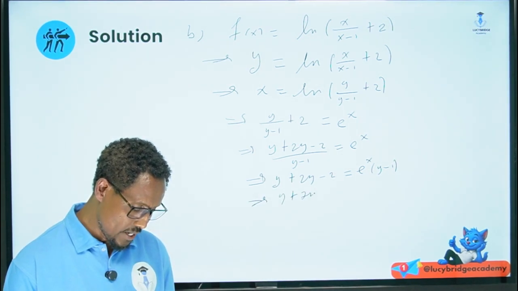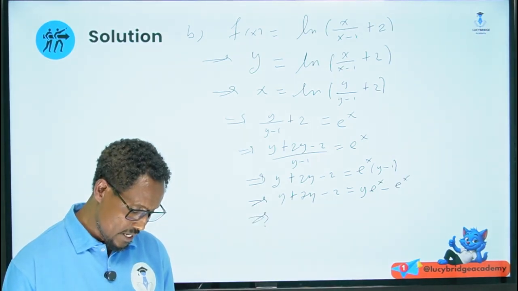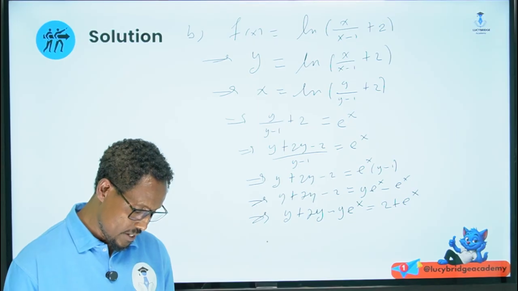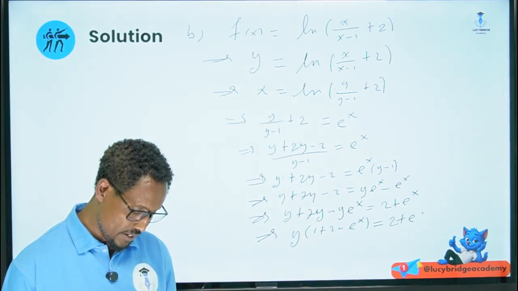y plus 2y minus 2 is equal to y e the power of x minus e the power of x. This implies y plus 2y minus y e the power of x is equal to 2 plus e the power of x, which implies y times 1 plus 2 minus e the power of x is equal to 2 plus e the power of x.